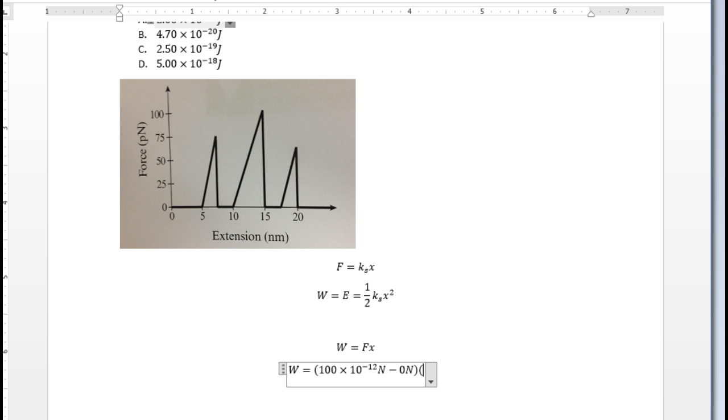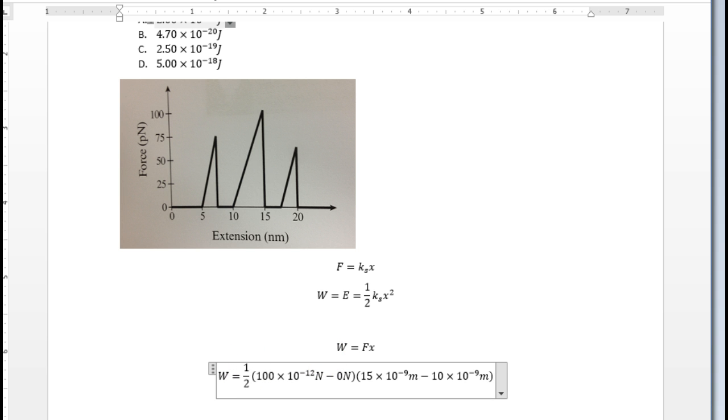The distance is 15 nanometers, and a nanometer is 10 to the minus 9th, right? 10 to the minus 9th meters minus 10 times 10 to the minus 9th meters. And because it is not a rectangle but is a triangle, the overall factor out front is 1/2. So 1/2 the change in force times the change in displacement.